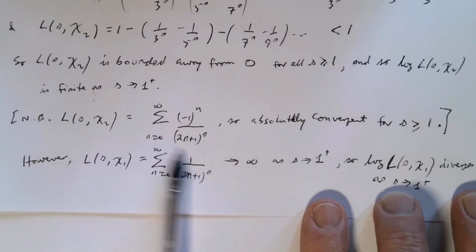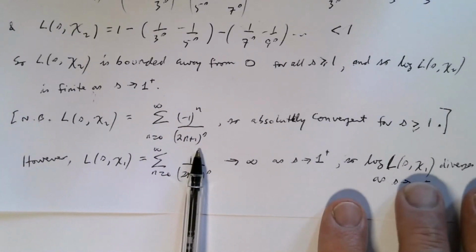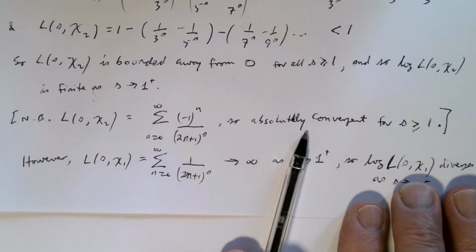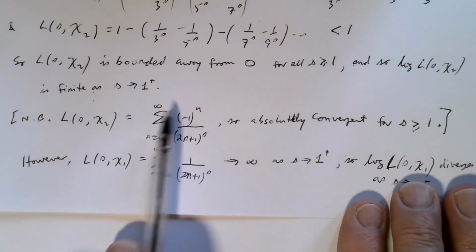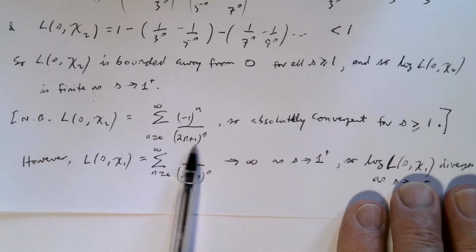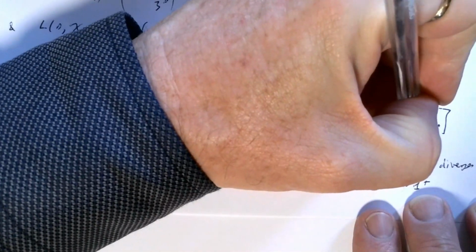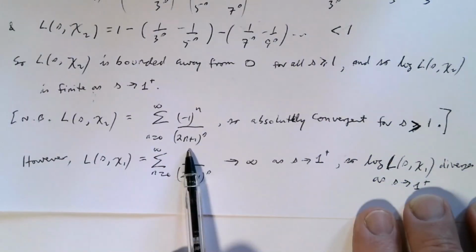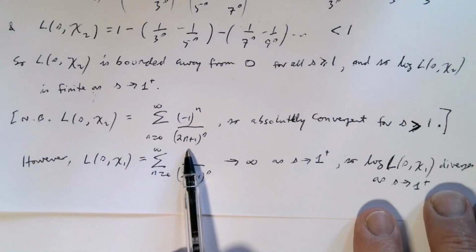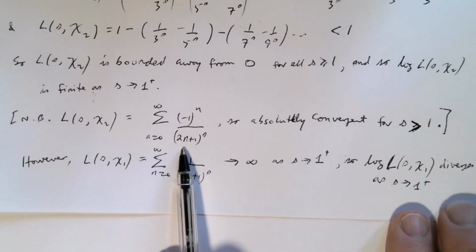If you look at this alternating series, you can see that it's absolutely convergent, because the corresponding non-alternating series, which is 1 over (2n+1) to the s, provided s is bigger than 1, is going to be absolutely convergent. And so for s bigger than 1, I can rearrange the terms of this infinite series without penalty.